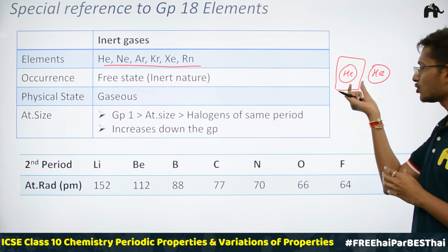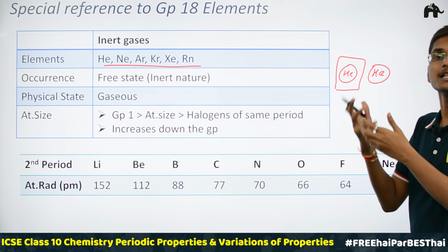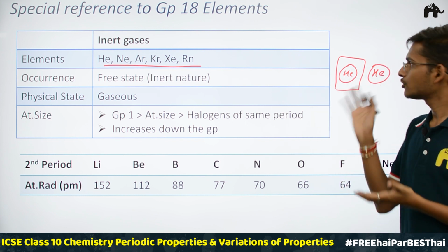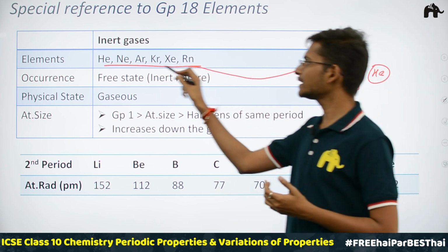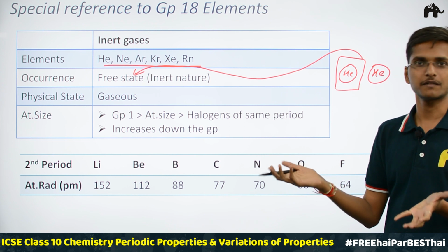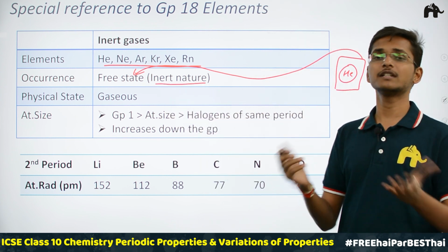Since they exist in a monatomic state, they do not combine with any other atom, of the same element or of other elements. So it is clear that they exist in a free state, not combined with anyone. Why is this so? Because of their inert nature: they are very satisfied with their 8 electrons.